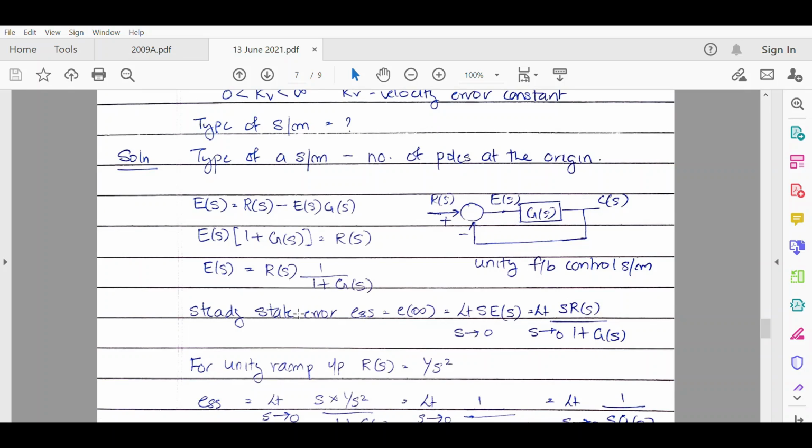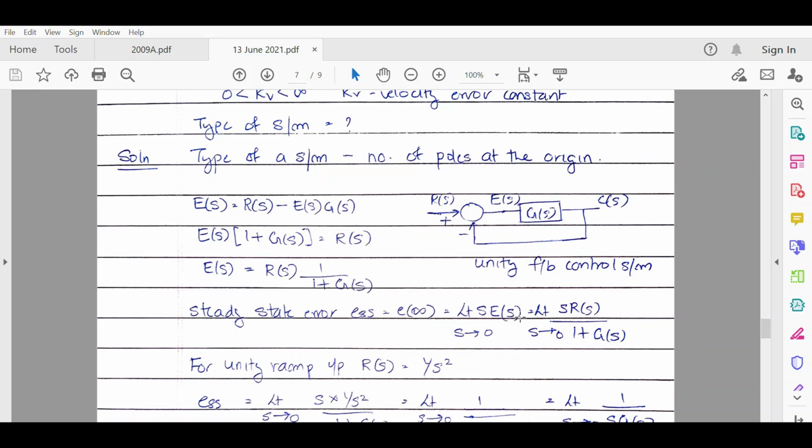Now we can find out the steady state error. That means the E of t as t tends to infinity, E of infinity, using the final value theorem. Now the steady state error is equal to limit s tends to 0 s into E of s. This is nothing but the application of final value theorem.